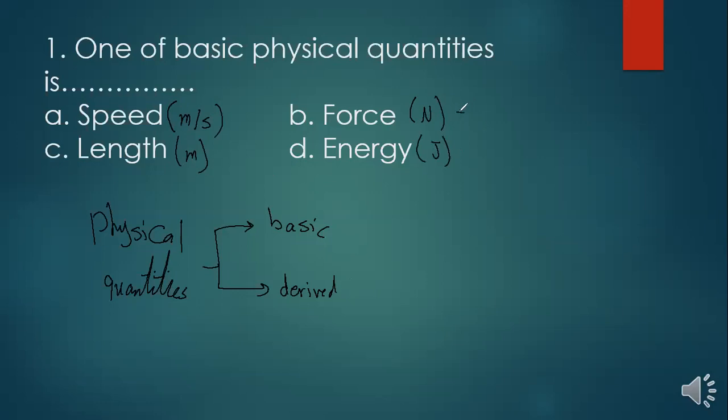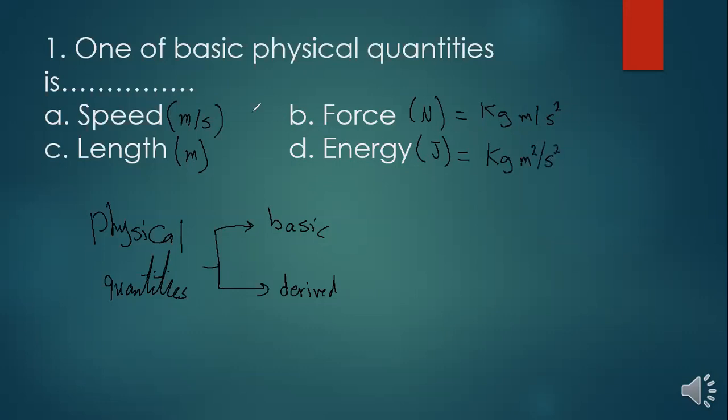Now, newton is not a basic physical unit, right? It is derived from another unit, which is kilogram meter per second square. This comes from Newton's second law of motion. On the other hand, a joule is the same thing. Joule is derived from kilogram meter square per second square, right?